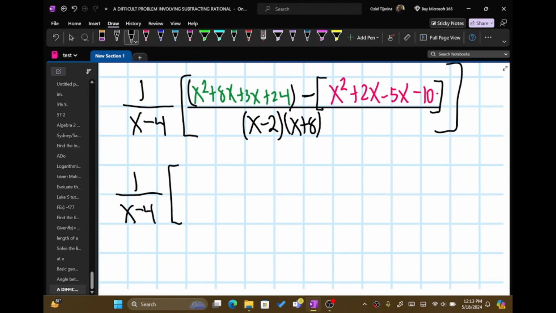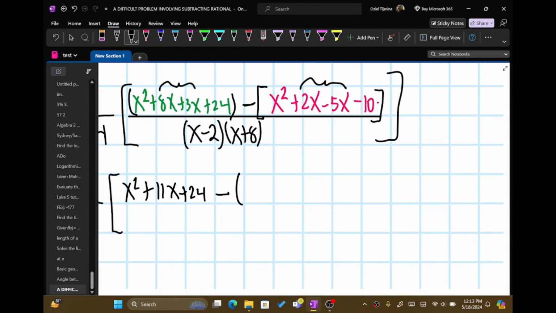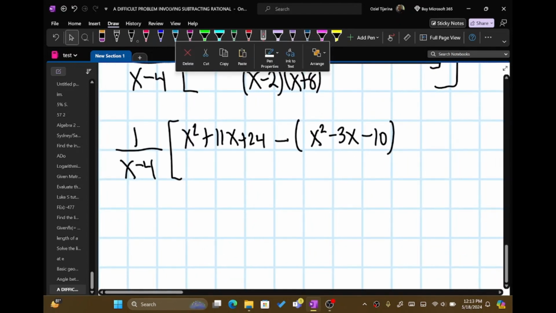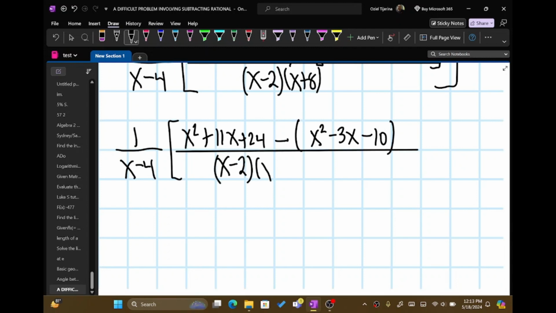Notice that the 8x and the 3x can add, so x squared plus 11x plus 24 minus, and it's going to go parentheses, now the 2x minus the 5x, that is negative 3x, so x squared minus 3x minus 10, and then all over x minus 2 times x plus 8. I believe that's what it would be, right?